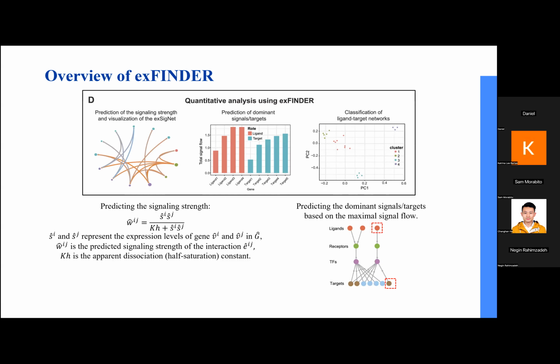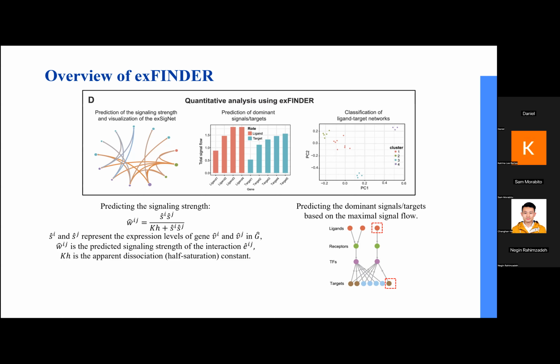The second half of the analysis includes different parts. First, we have the nodes and the edges, so we have the directed graph, and for each node we have the gene expression. So we can predict the signaling strength for each interaction. Each interaction has two genes, and each gene has its own expression.